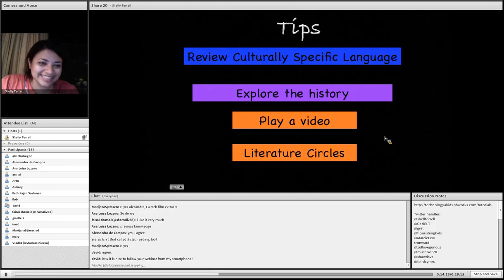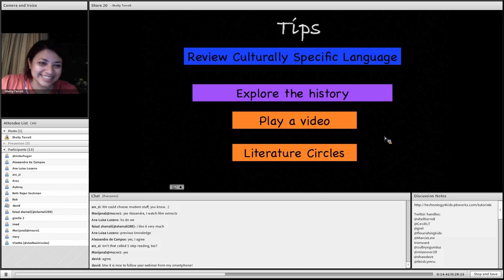Okay, so some tips. Review culturally specific language. So if you're reading a novel and it happens to be, for example, Shakespeare, then there's certain types of phrases and there's different types of jokes that are going to be made that are British English. So we have to remember to review the culturally specific language, especially things that are different from the culture of the students.